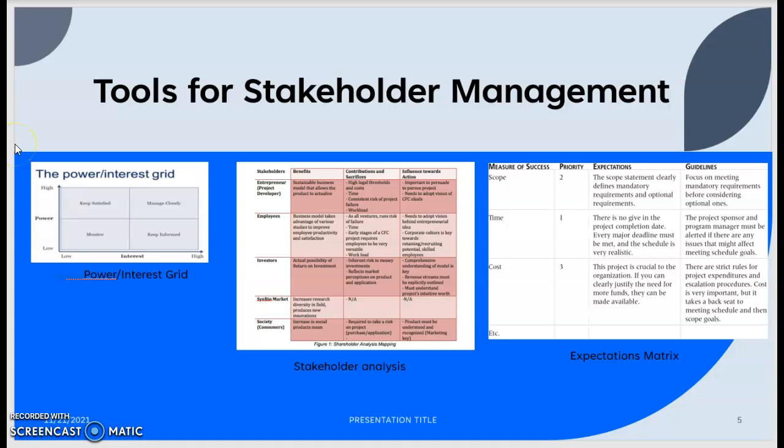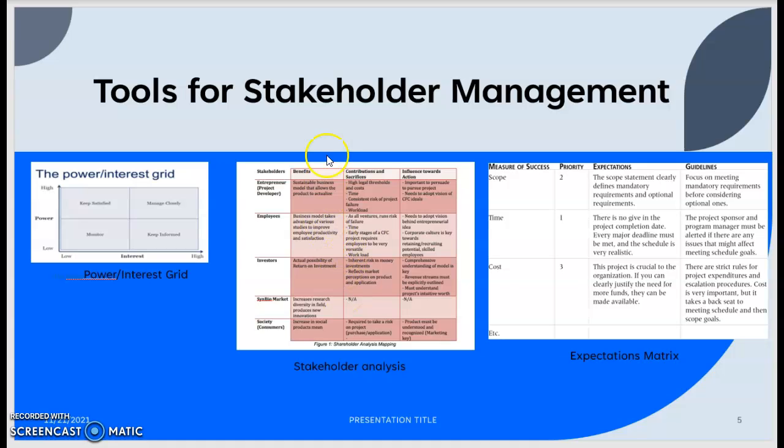So here are some of the tools that you can use for stakeholder management. As I said before, there's a power interest grid. Right here is a good example of what I said. The power is on the left and the interest is at the bottom. Now here's the stakeholder analysis, which is usually used in managing engagement.